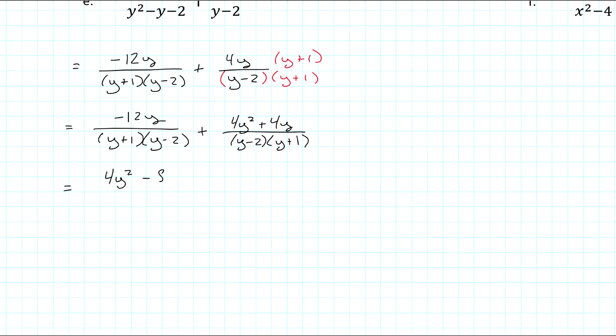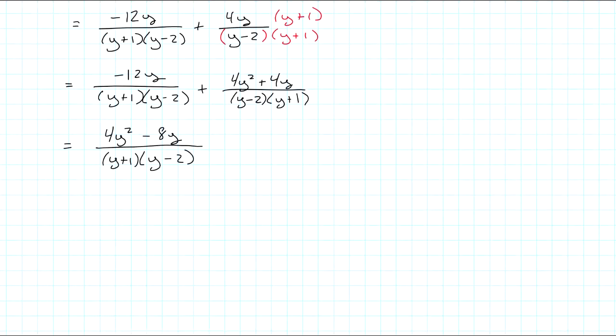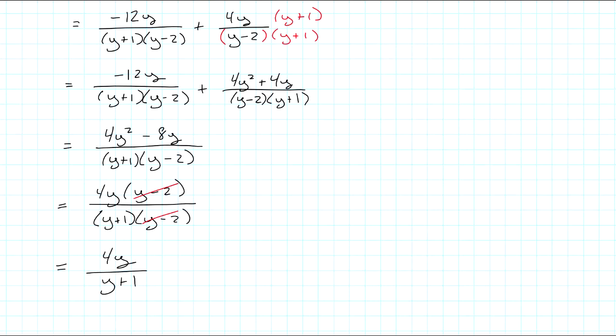That'll give us a minus 8y all over the y plus 1 times y minus 2. And we can factor a 4y out of the top, leaving us with a y minus 2 all over y plus 1 times y minus 2. Cancel those y minus 2's to leave us with 4y over y plus 1.